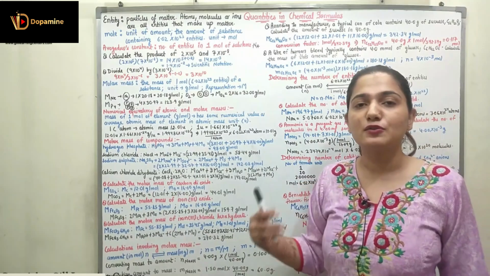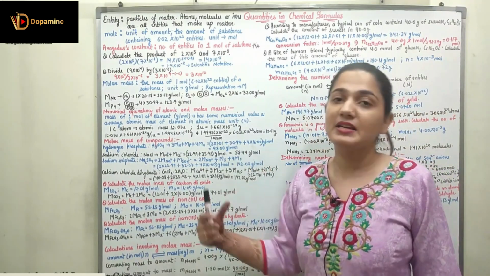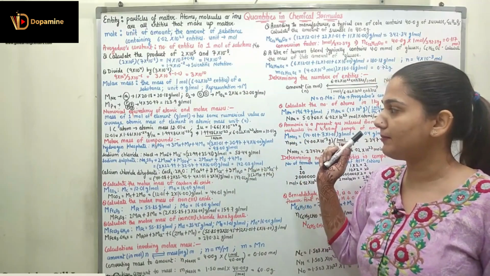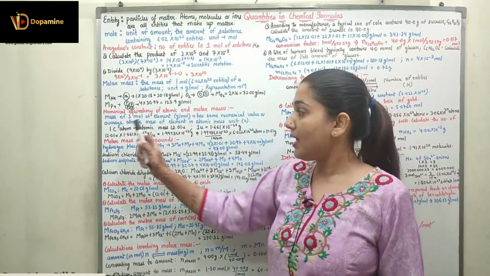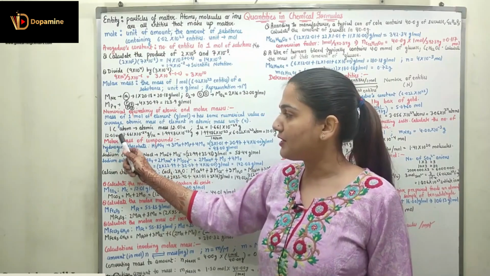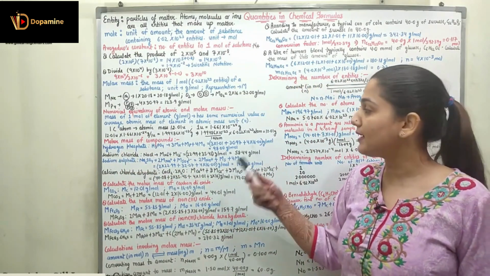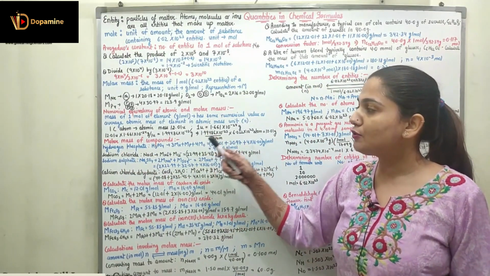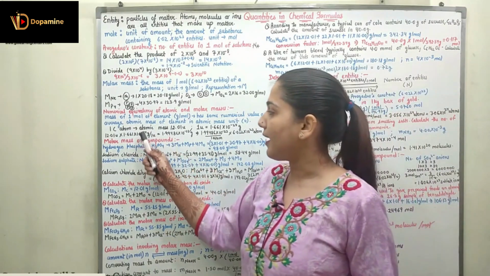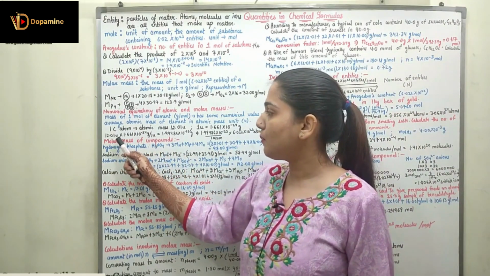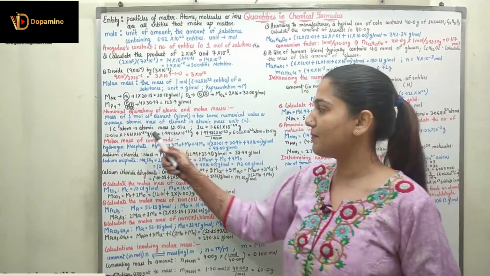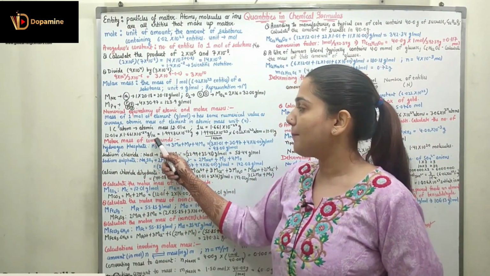One atomic mass unit has the mass in gram equal to 1.661 into 10 raised to power minus 24 gram. Now what is the AMU of carbon? It is 12.01. So we multiply it with 1 U to get the mass of the carbon in gram: 12.01 U multiplied by 1.661 into 10 raised to power minus 24 gram upon 1 U.